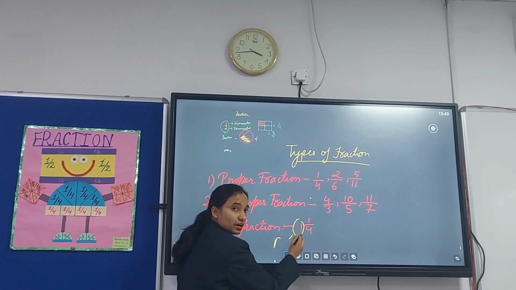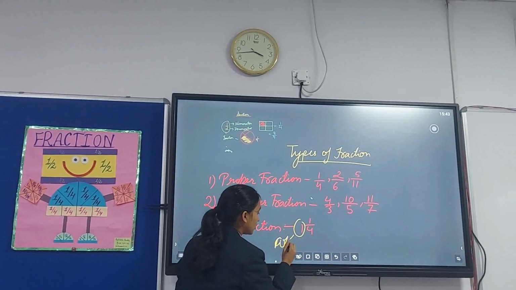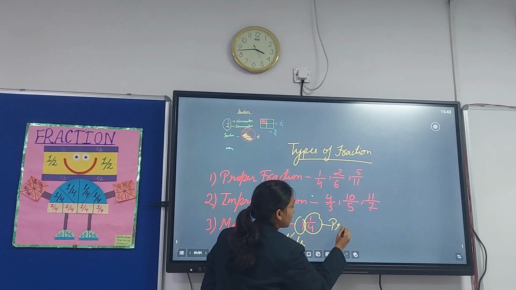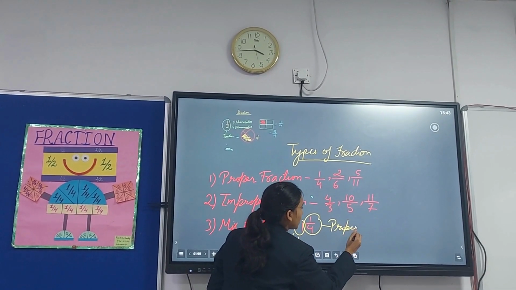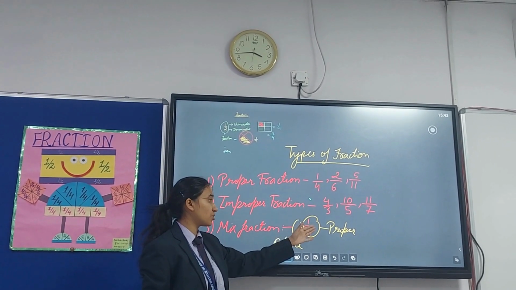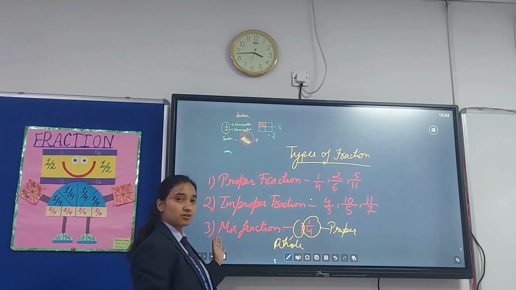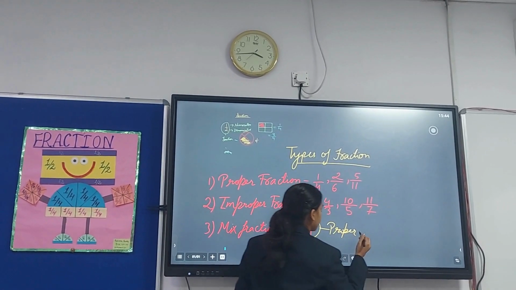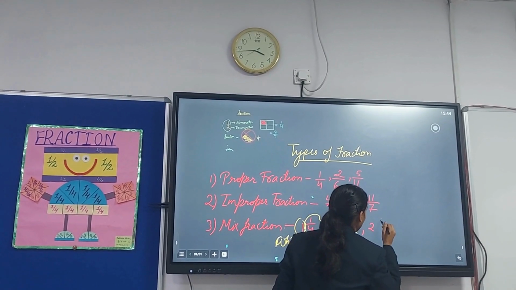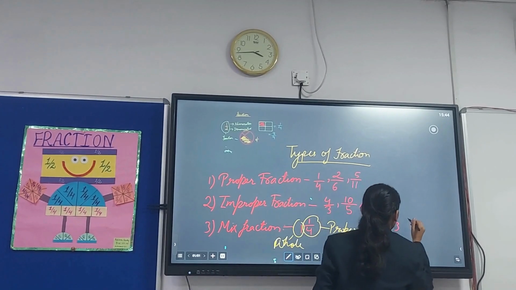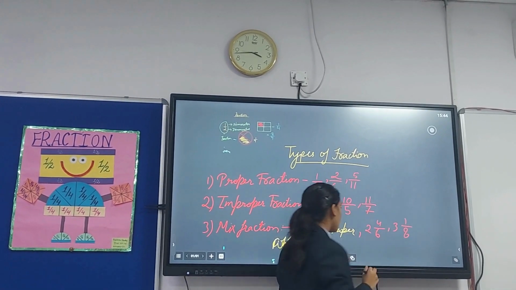Here this one is whole and this 1 by 4 is proper fraction. So the combination of a whole number and a proper fraction will be termed as mixed fraction. Few more examples will be 2 and 4 by 6 and 3 and 1 by 8 and so on.